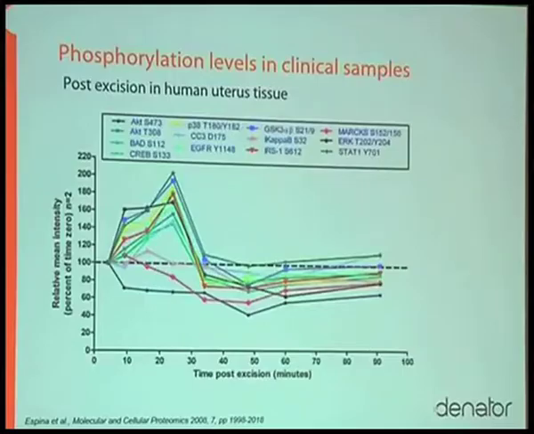And also there will be a lot of phosphorylations that we'll see later on are stable. They don't change at all, but quite a few will. So again, unless you know how your phosphorylations of interest change, it's important to do time course studies to understand: are my phosphorylations of interest affected by post-sampling changes?